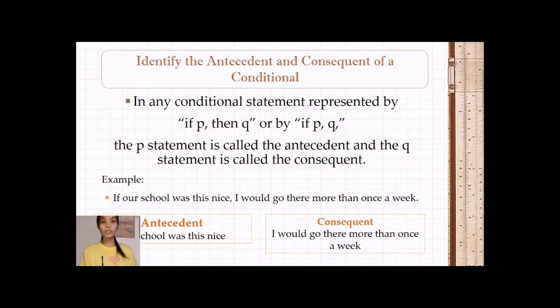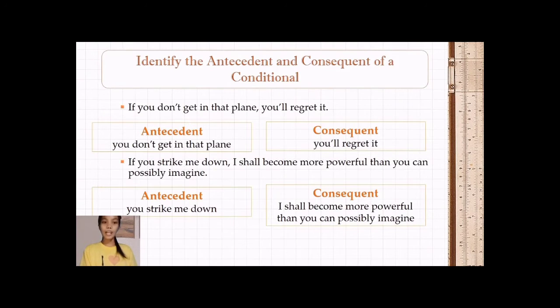So here, we have examples of conditional statements. Example 1. If our school was this nice, I would go there more than once a week. The antecedent is, our school was this nice, and the consequent is, I would go there more than once a week. Another example. If you don't get in that plane, you'll regret it.